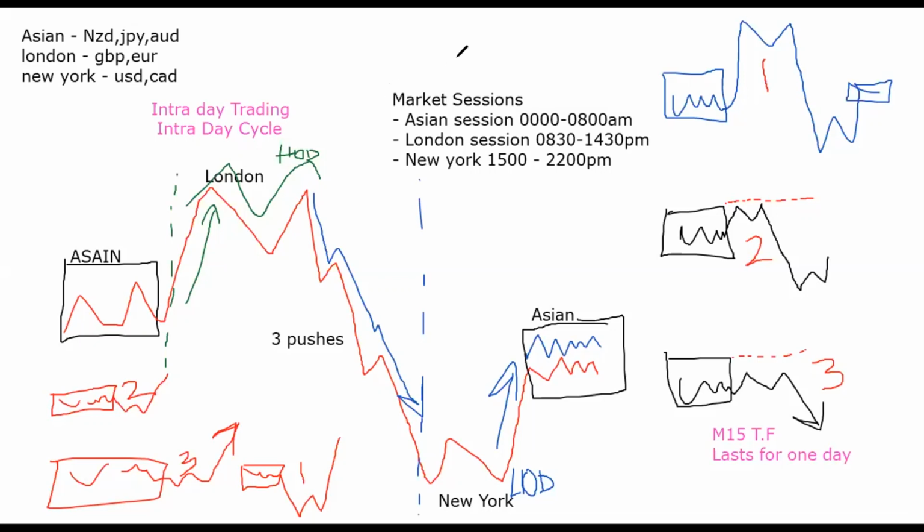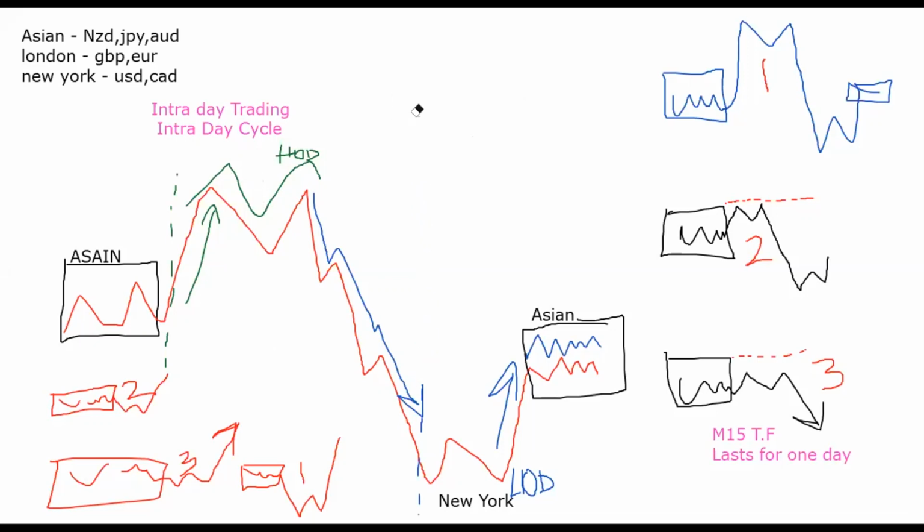Now, there are variations in this form. Sometimes the market can decide to do this and then go the intended direction. This is what we call the trap move.